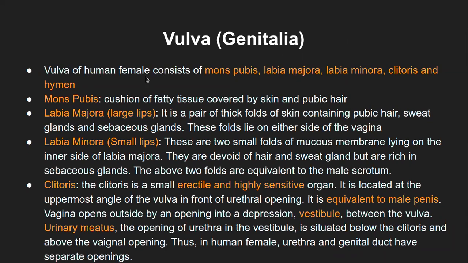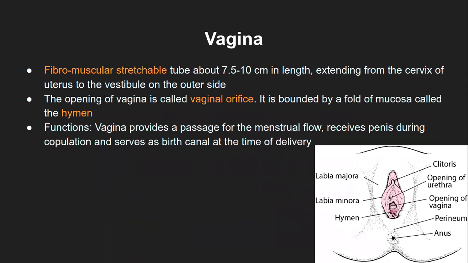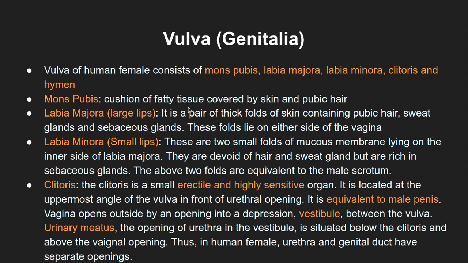So vulva in the human female consists of mons pubis, labia majora, labia minora, clitoris and hymen. Whatever we had seen as vagina is just this opening, the vaginal opening, and all the rest of these structures together form this vulva structure.